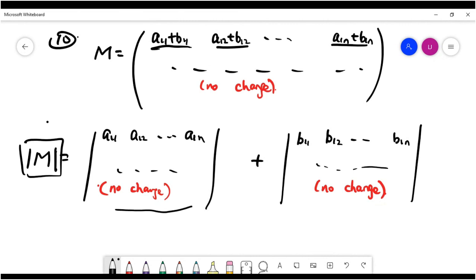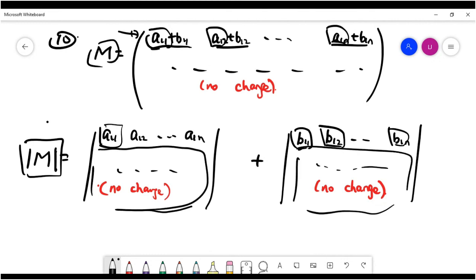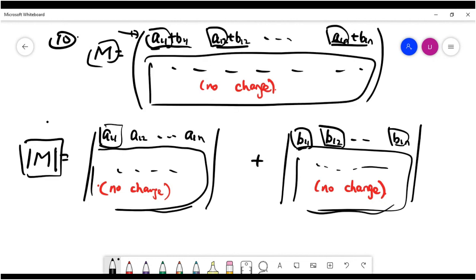The first matrix takes the first row using only the first term from the original matrix M, and the second matrix has row 1 with the second term from the original matrix M. I would like to emphasize that the remaining rows are all unchanged. So that's my claim here: the determinant of the original M can be split like this as the sum of determinants of two different matrices. And I hope you can see why.